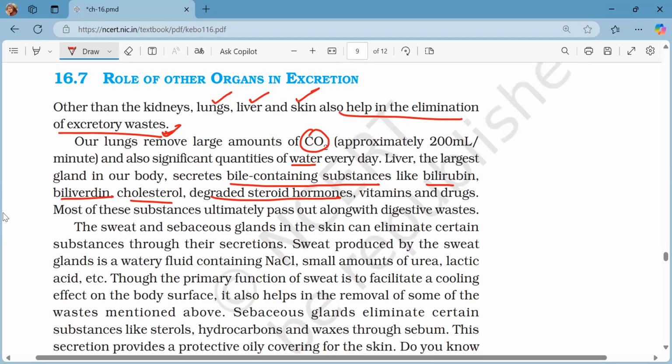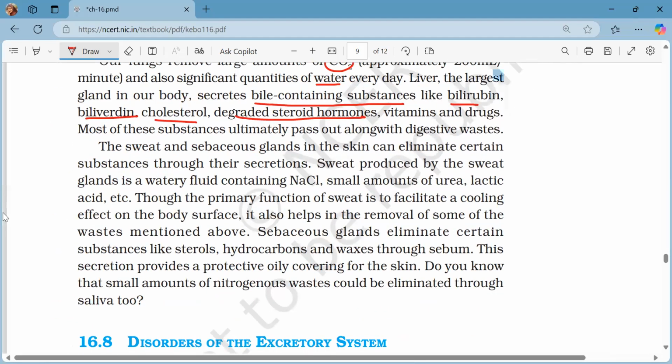Then the sweat and the sebaceous glands in the skin can eliminate certain substances through their secretions. Sweat is produced by the sweat gland, and it's a watery fluid that contains sodium chloride, small amounts of urea, lactic acid, all of these things. Now, why do we sweat? We sweat so that our body can cool down.